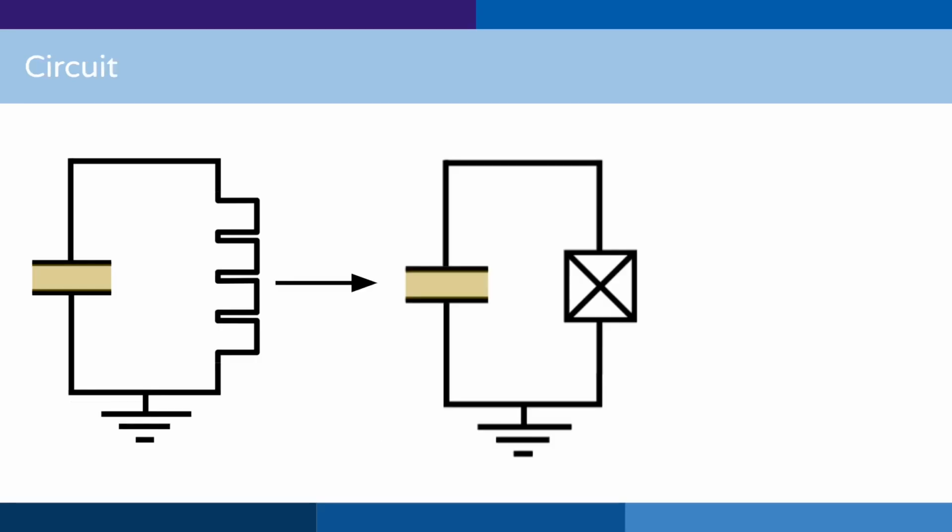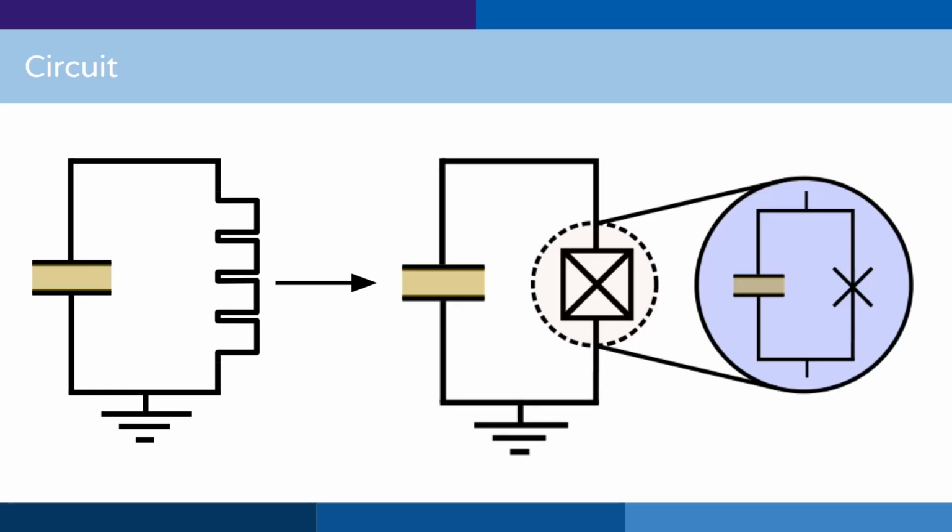Okay, so let's try to change our previous LC oscillator to another kind of oscillator that is composed of a capacitor and also this Josephson junction. But be careful, this Josephson junction is composed of a capacitance and also the Josephson junction.